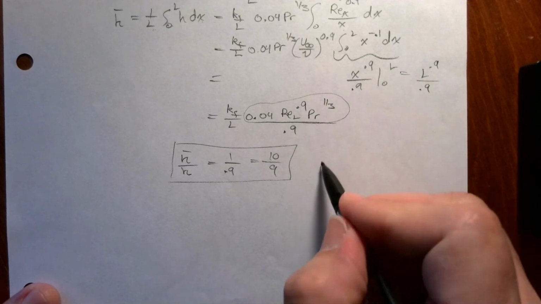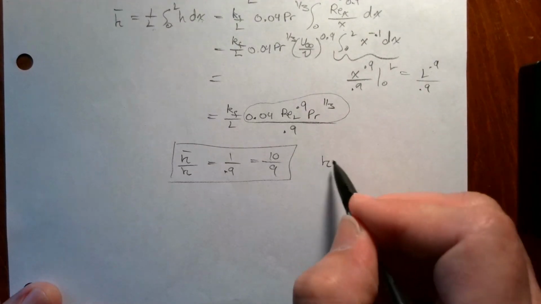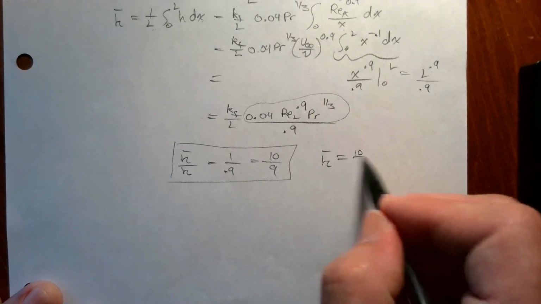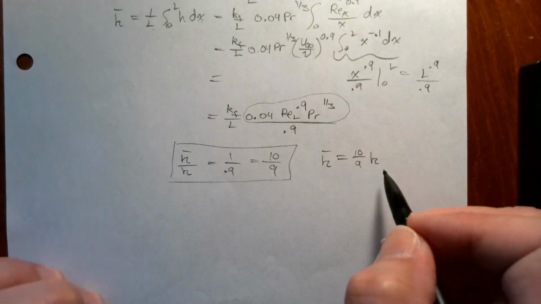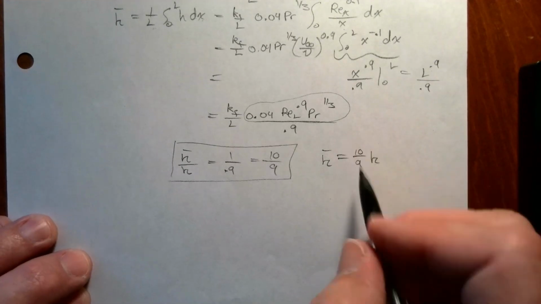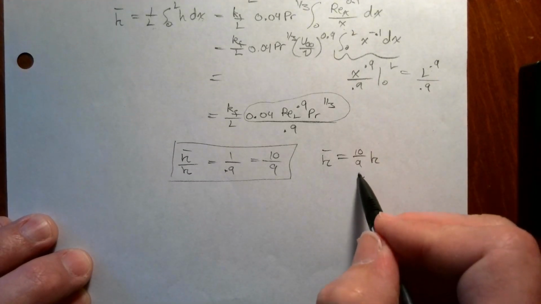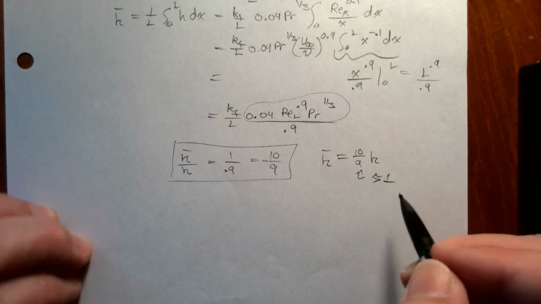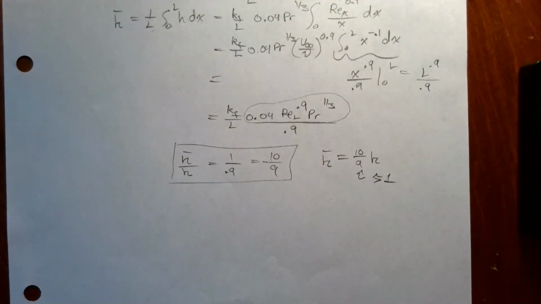So let's see. H bar is equal to, take the H to the other side, 10/9 of H. So H bar is, in this case, a little bit larger than H. Just a little bit larger than 1.